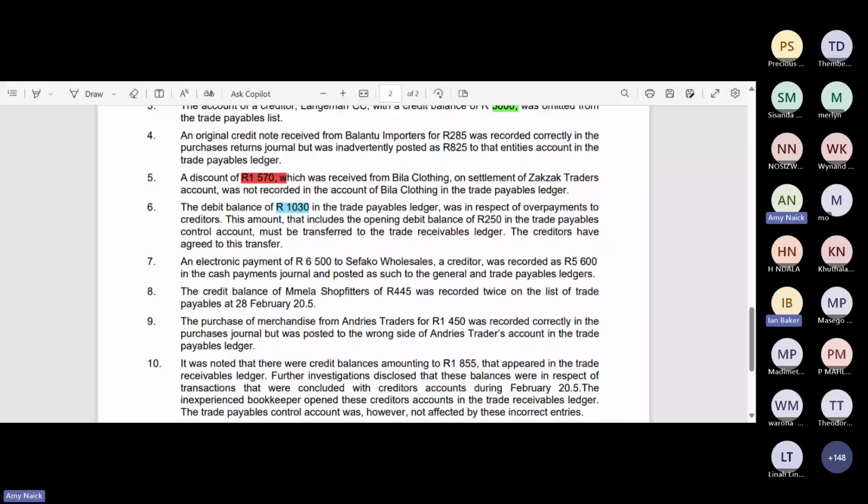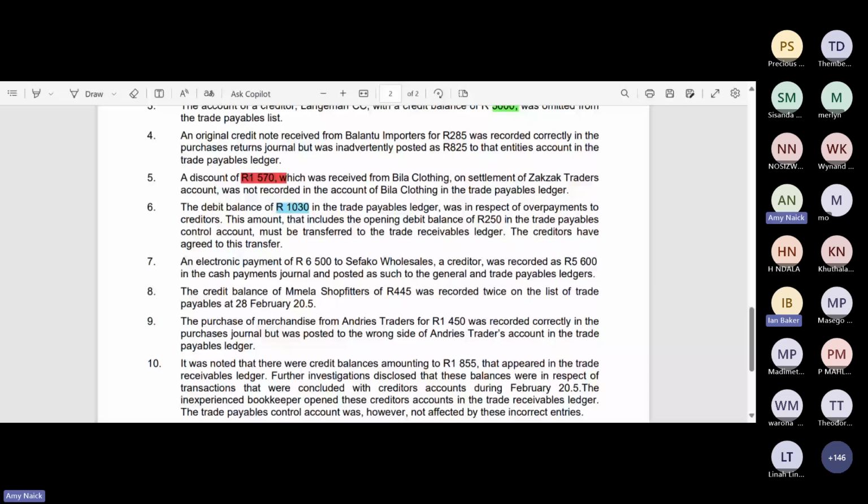Did you not understand 5 and 6, or 6 alone? 5 and 6. Correct. Are you happy for me to go through 7, 8, 9, 10, and 11 and then come back to 5 and 6? No problem. You carry on with 7, 8, 9, 10. Just post the question, then you can come back once you're done, because going back and forth, we're going to waste more time. Yeah. I want to get through the question, and then we can take questions and I can go through any of the other transactions in more detail, provided we have more time.